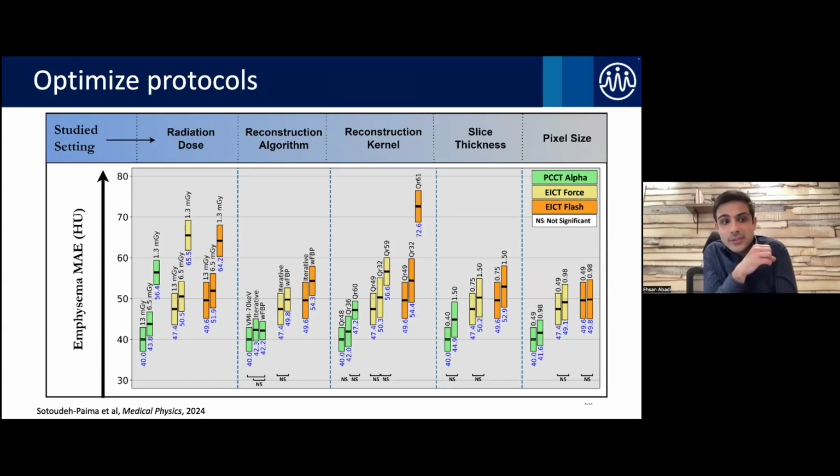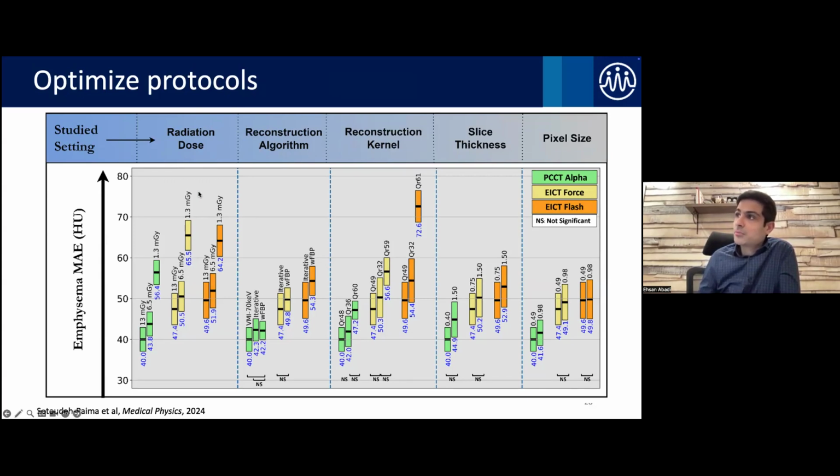The y-axis is the mean absolute error of emphysema measurements inside the lungs. Different columns reflect different attributes. The first column is about radiation dose, reconstruction algorithm, kernel, slice thickness, and pixel size. Different colors are three different CT systems. And then here you see the comparison.